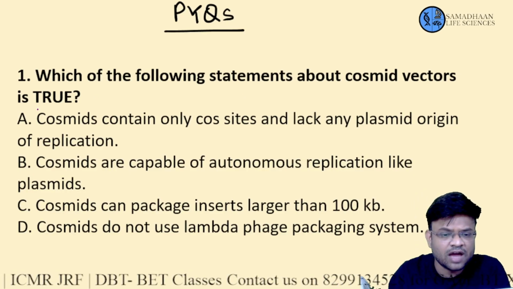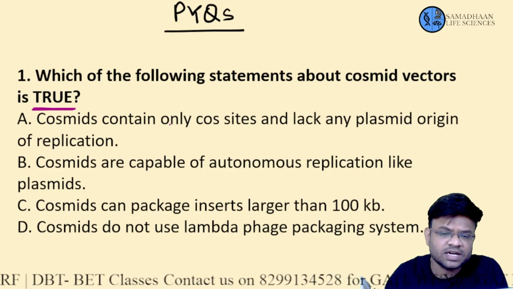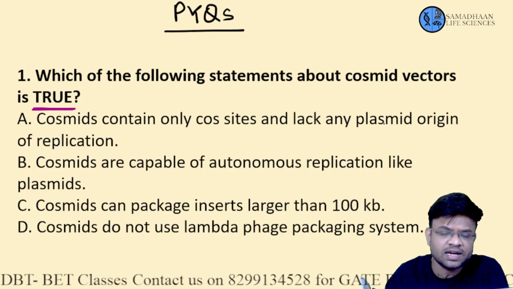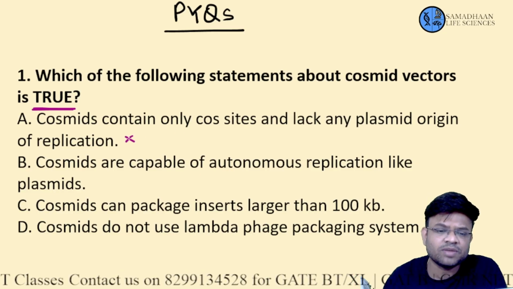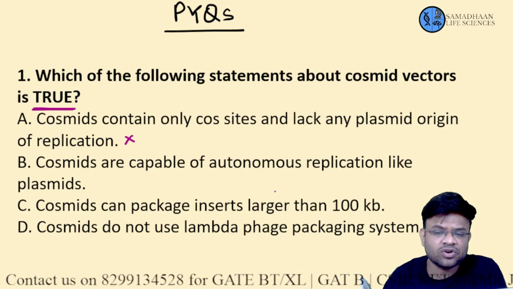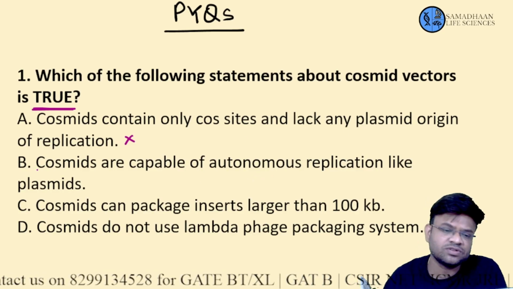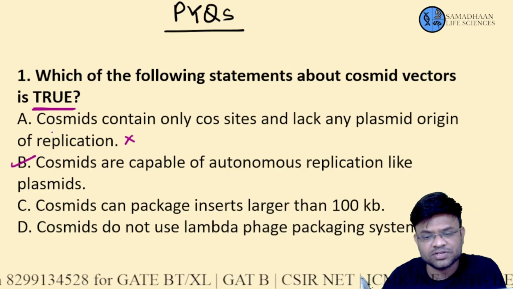Remember we have to focus on the true statement. Cosmid contains only cos sites and lacks any plasmid origin of replication. It has origin of replication, so this statement cannot be true. Cosmids are capable of autonomous replication like plasmids. So this is true, because just like plasmids, they have origin of replication.